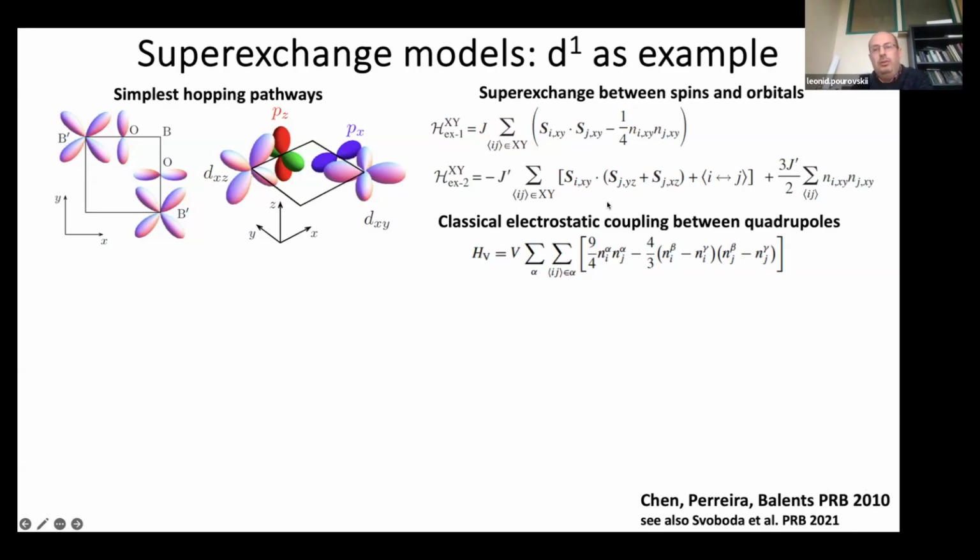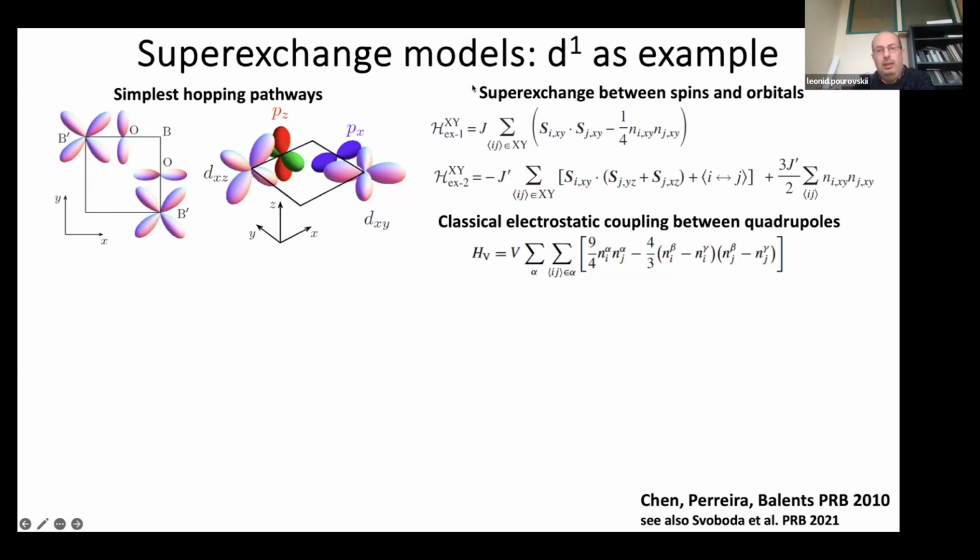They also decided that apart from this superexchange, what can be important is also the classical electrostatic coupling between these orbitals, because they have a large spatial extent, and so there can be large quadrupolar moments involved.